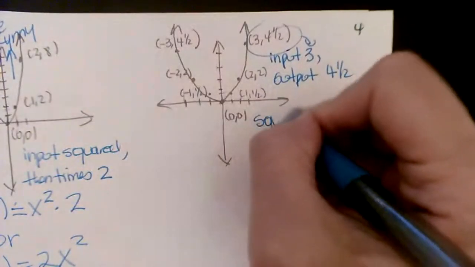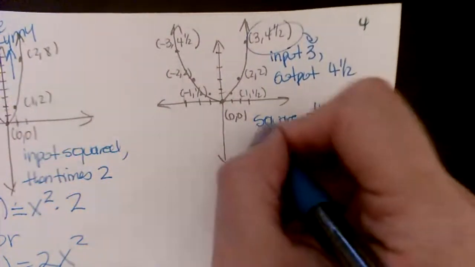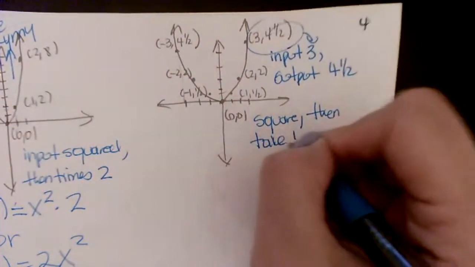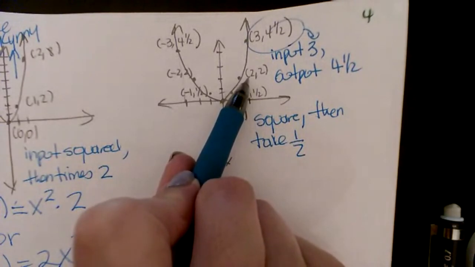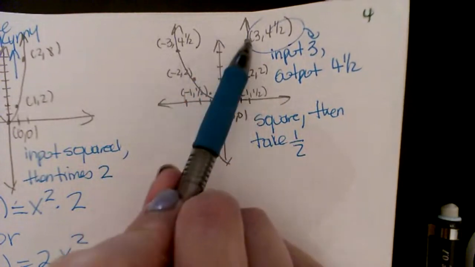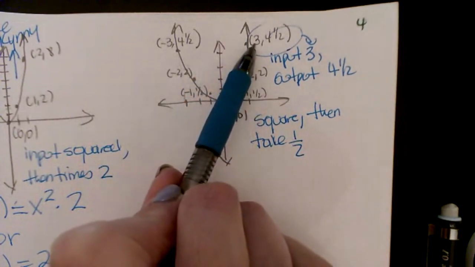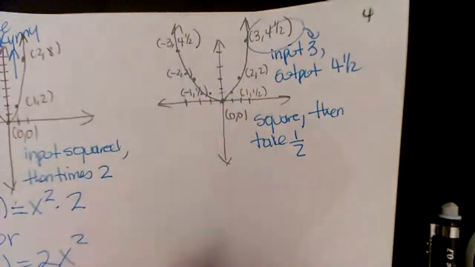We're gonna square and then take half. So we're gonna square the 2. 2 times 2 is 4. Half of 4 is 2. We're gonna square 3. 3 times 3 is 9. Half of 9 is 4.5.